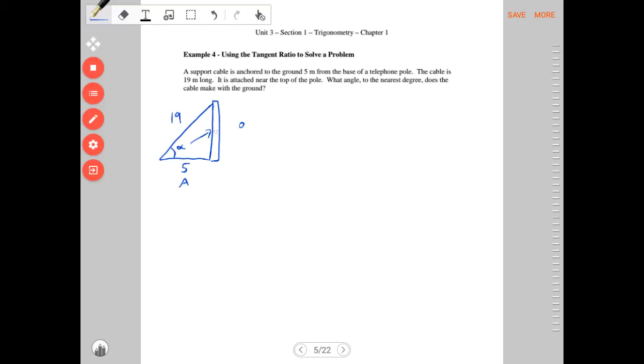So if we call that one x, because this is a right angle triangle, I can use the Pythagorean theorem. This is backwards Pythagorean theorem because I'm figuring out a side. So it's 19 squared minus 5 squared, the hypotenuse squared minus the other side squared. Let's go to the nearest tenth. That works out to 18.3 meters.